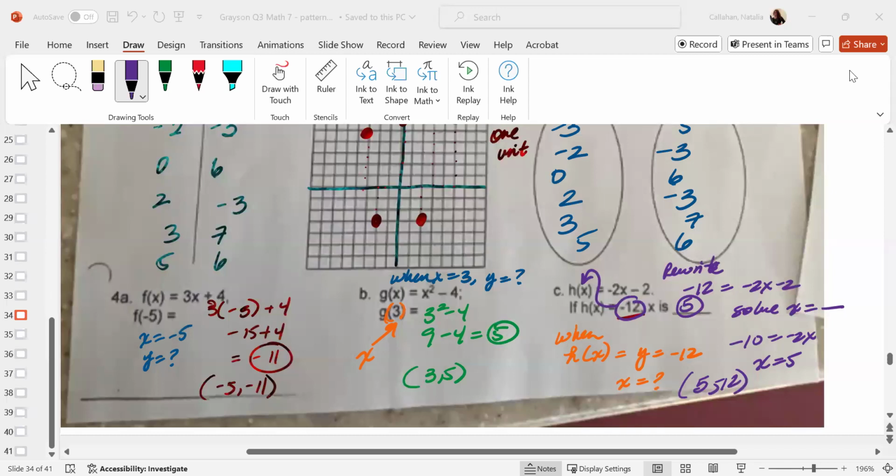Explain to me, what is the difference between B and C and the way that's set up? What it's asking you to find? B is asking me to find Y. C is asking me to find X. How do you know that? How do you know B is asking you to find Y? How is it different than C?